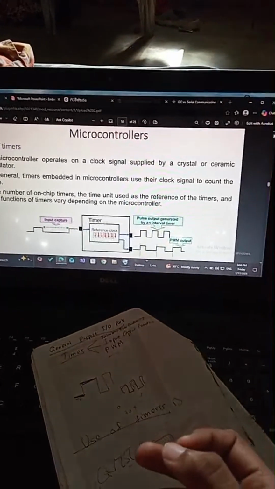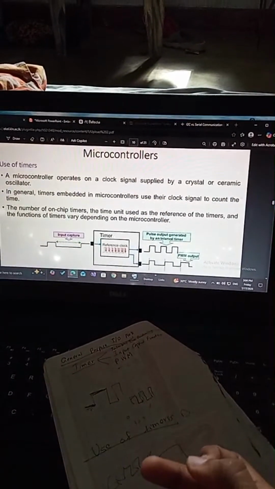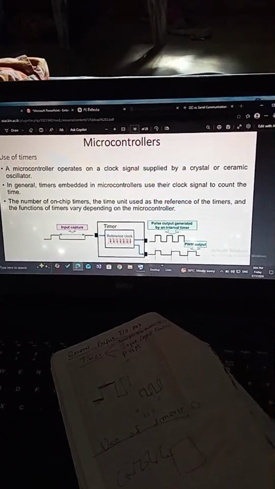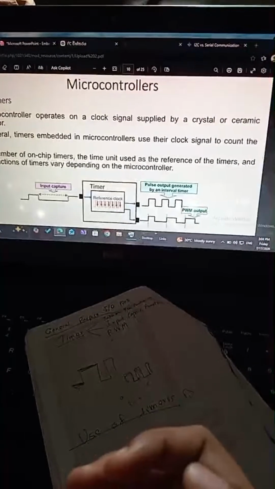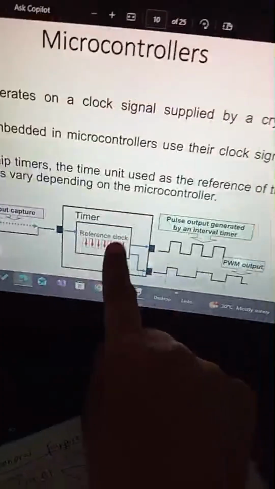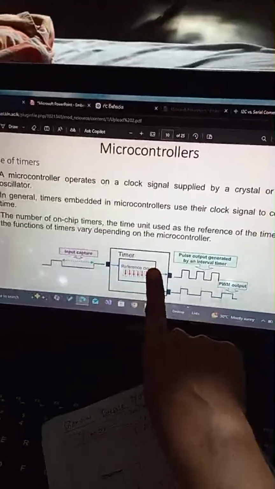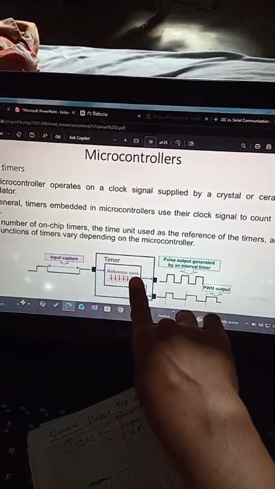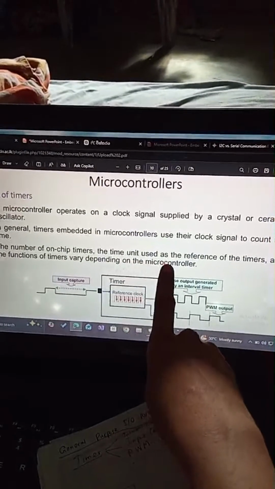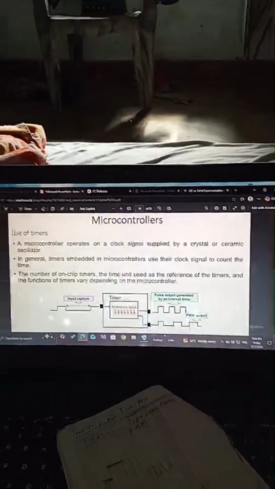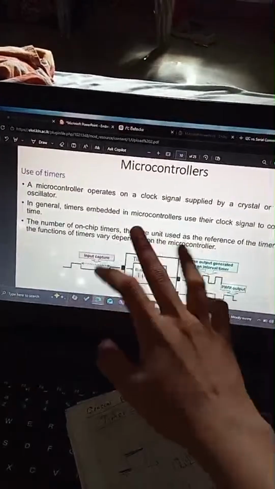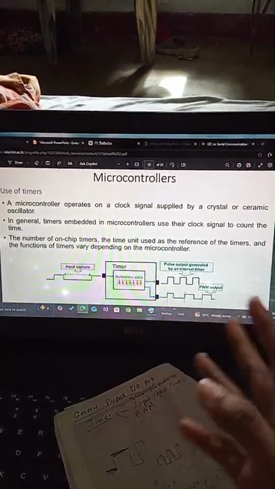And also the time unit used as a reference of timers. They are talking about something like a reference clock. I don't know exactly what is going on there, but the time unit in the reference timer is also different. They are just saying that these three things differ from one microcontroller to another.